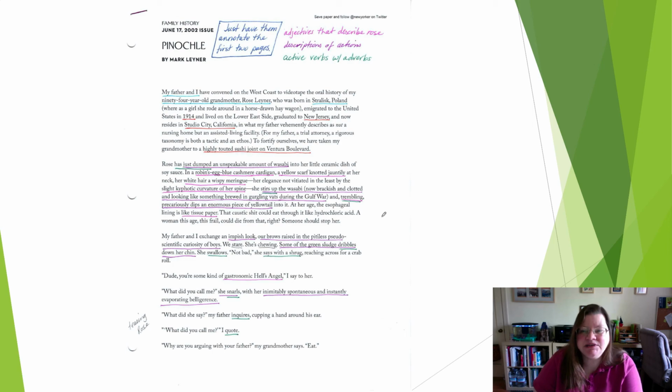So sometimes your teachers may ask you to highlight particular things, or maybe this is just what you want to do as you're reading a story. Maybe you want to write a paper about how the adjectives have a particular effect in the story. So you would want to underline all those things in a particular color, or the adjectives or the active verbs.